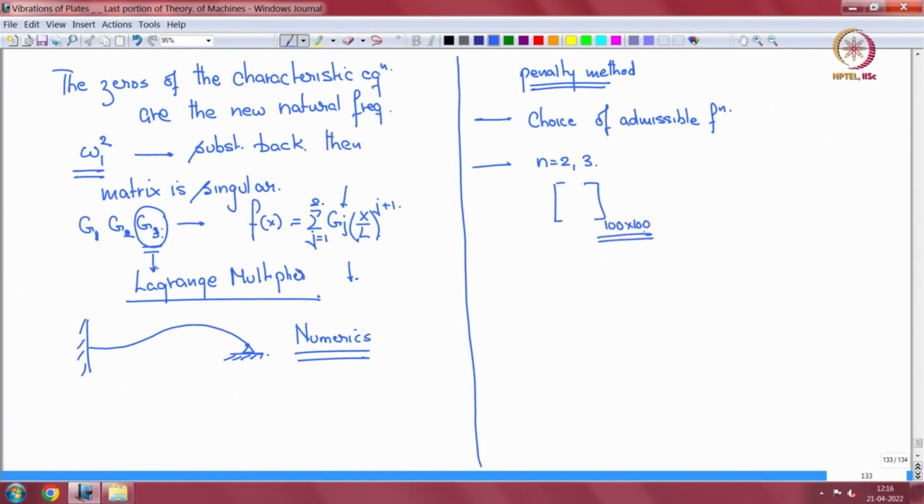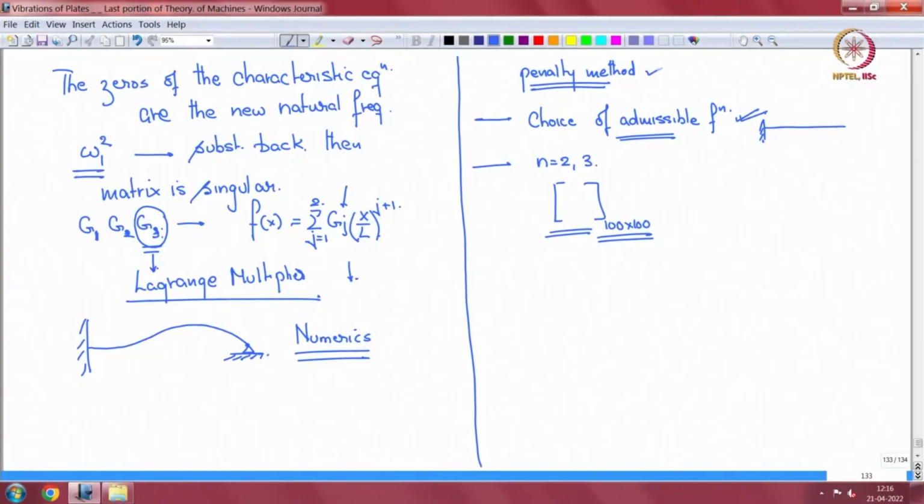So the choice of admissible functions, although it looks trivial at this stage because we are looking at very standardized systems, Euler-Bernoulli beams with cantilever beams and simple constraints, is important. If you go to something realistic like a plate with some strange boundary conditions, then you will have to choose the admissible functions and they may not be amenable to proper numerics.